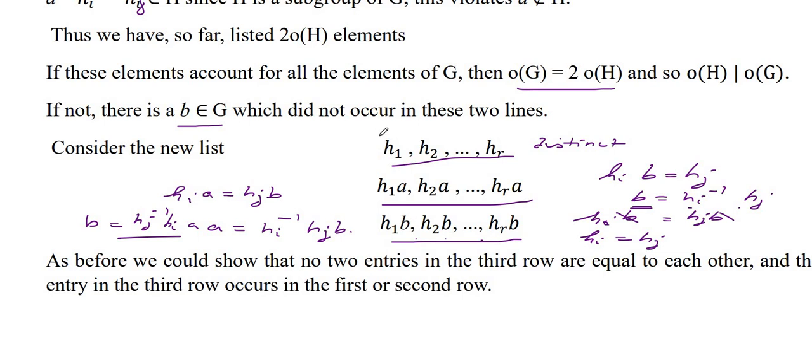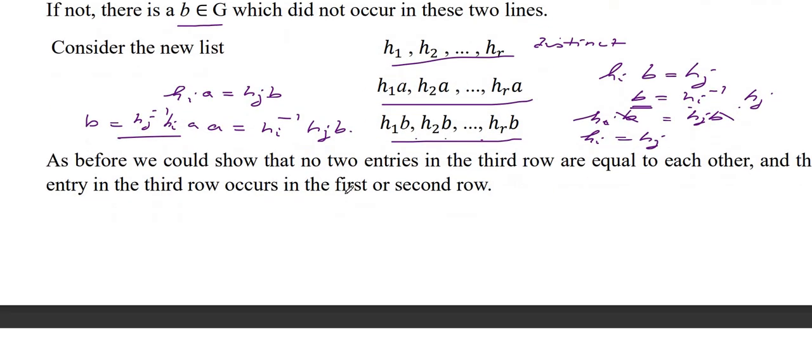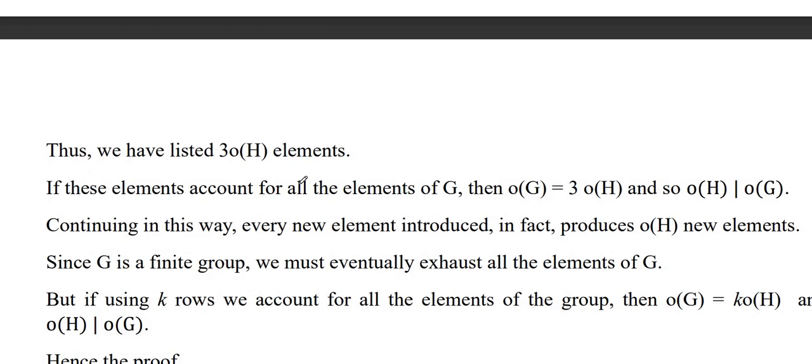That means now we have 3 sets of elements, each having R number of elements. If these elements account for G, you will have order of G to be 3 times order of H. So this in turn gives order of H divides order of G. Continuing in this way, when we introduce a new element, we produce order of H new elements.